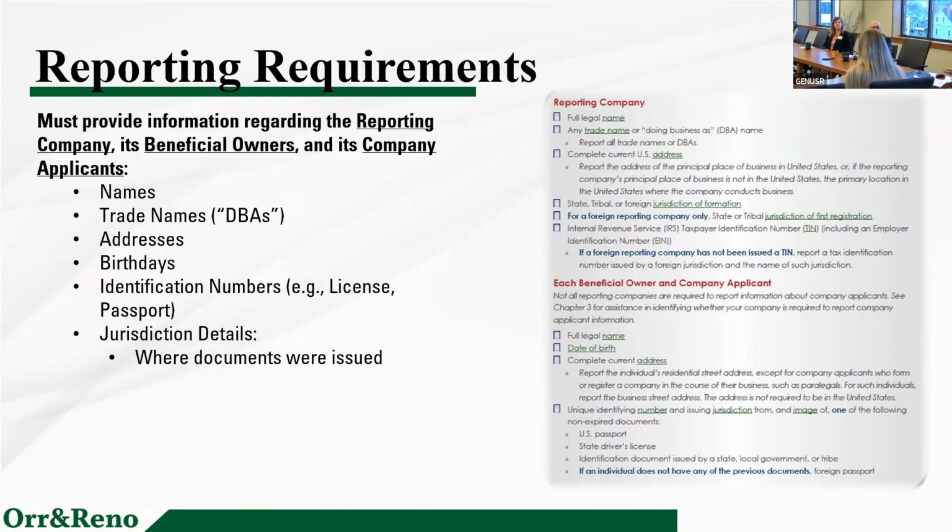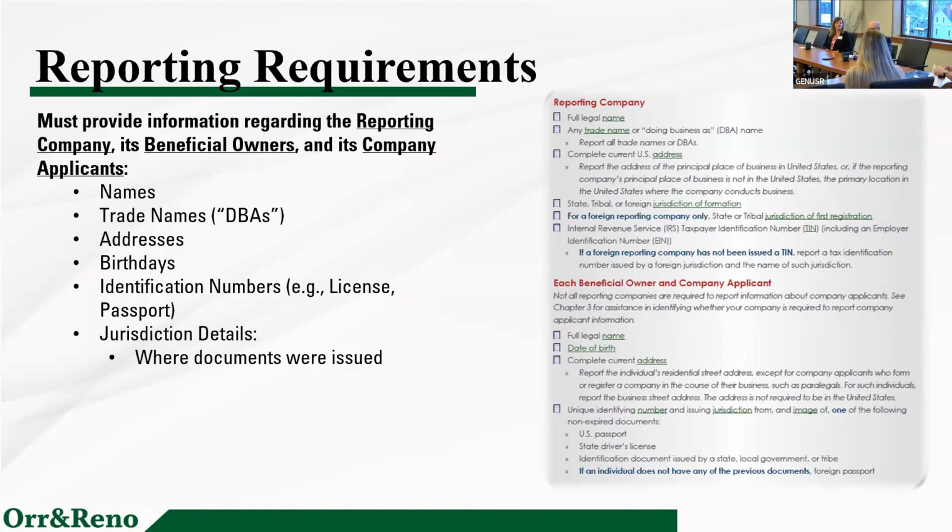For the individuals the government is asking about, it's your name, birthday, your residential address, you can't use a PO box here, and your driver's license or passport number, some ID, and then you actually have to upload a photo of that as well.